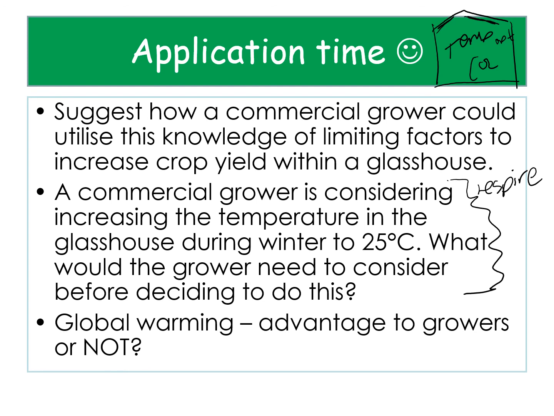Finally, global warming. We know that the planet is warming, and some people have suggested this might be an advantage to certain growers. It depends where you live in the world. If you're quite close to the optimum temperature for your crop species already, then that will not be an advantage to you when the temperature goes up, because you might exceed the optimum.